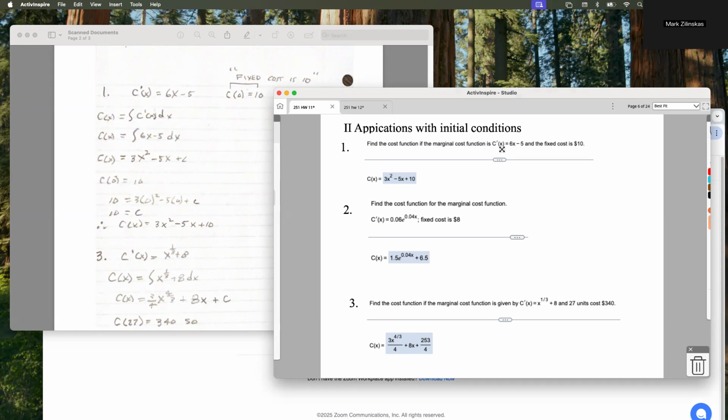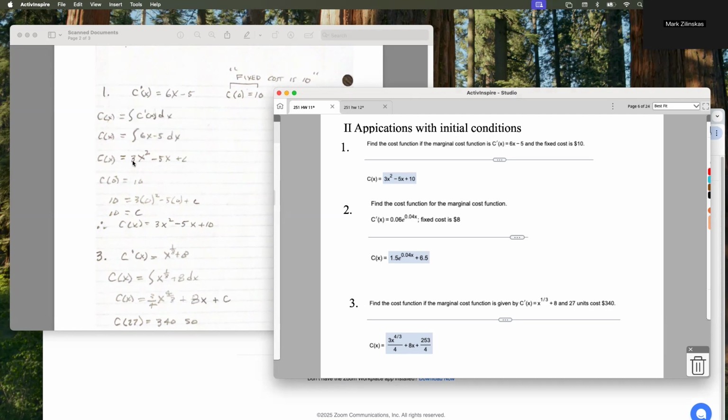And so we want the cost function, which would just be C of x. So this is the derivative of the cost function, which again we give a special name, the marginal cost function. And so what we want to do is essentially take the antiderivative of that particular one, which is 6x minus 5 that was given to us over here.